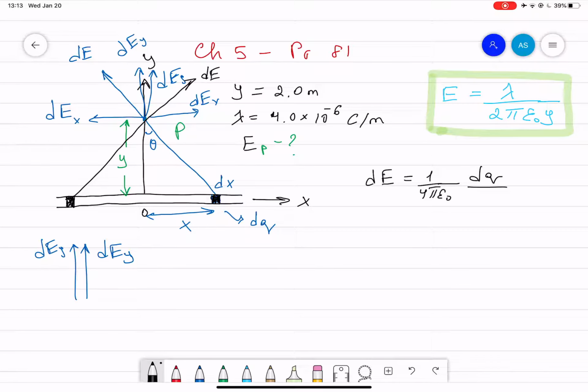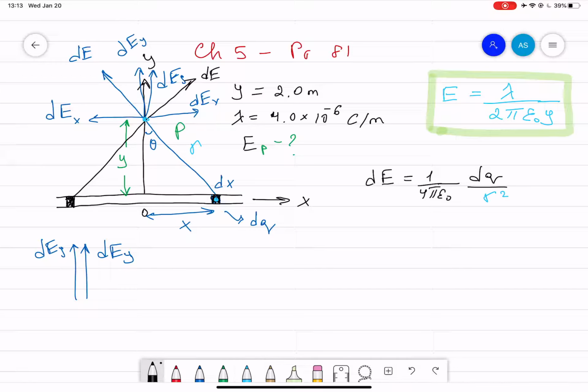In this case, that distance I'll call r. This is the distance between the charge and the point P, so divided by r squared.